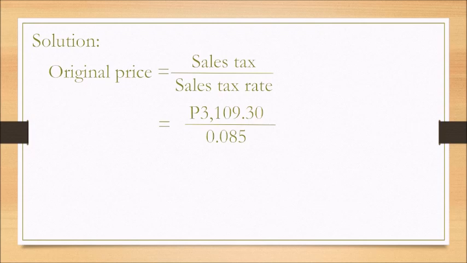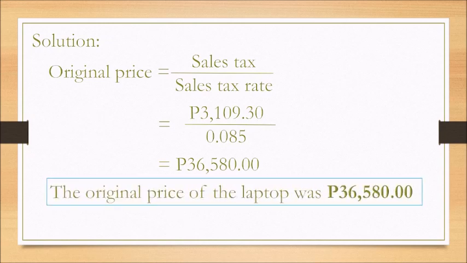The original price is sales tax divided by the sales tax rate, which is equal to 3,109.30 divided by 0.085. So that would be 36,580. So the original price of the laptop was 36,580.